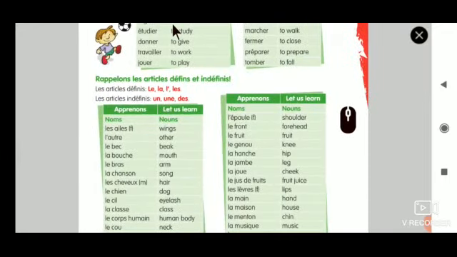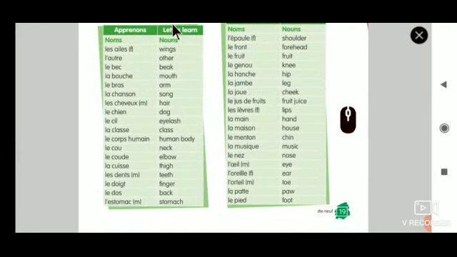Regarding this page, apreno is here. As I said before, apreno we have been learning and revising for the last 10 classes. You might be seeing this apreno, right? So you might be able to answer it very easily.